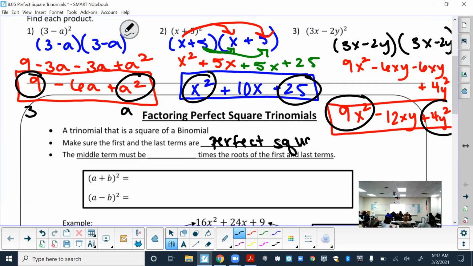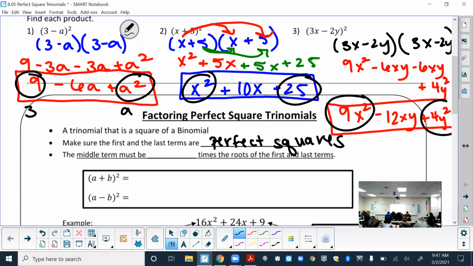Good question. So the question was, how do you check that? Take the square root of the first and the last terms. If you get a decimal, then it's not a perfect square. Or if it's like a cubed, I cannot get a perfect square out of that.